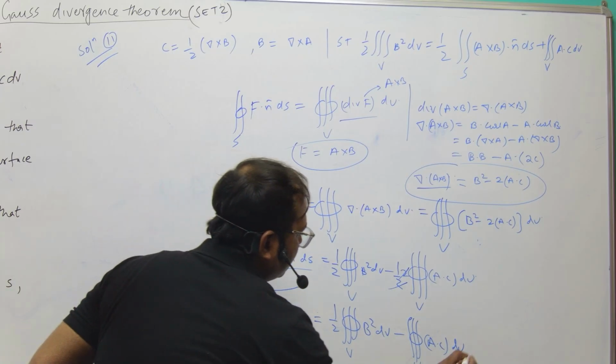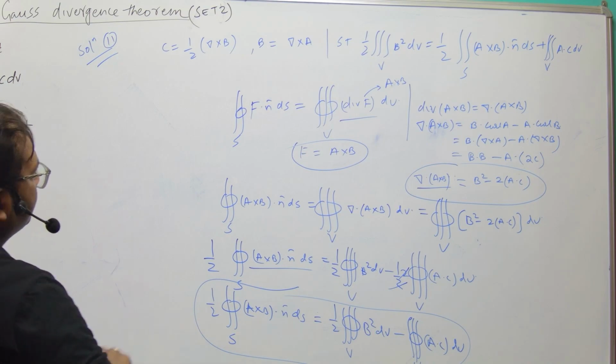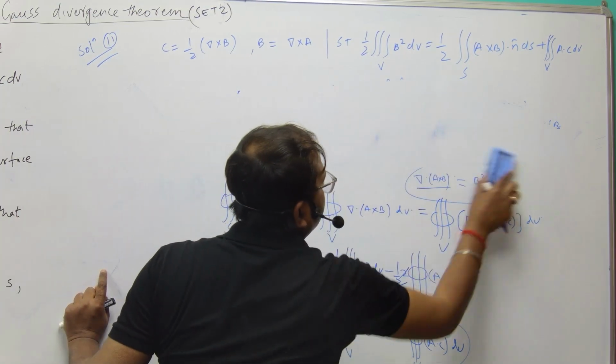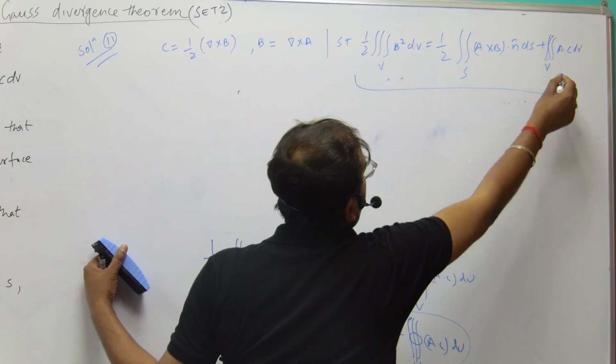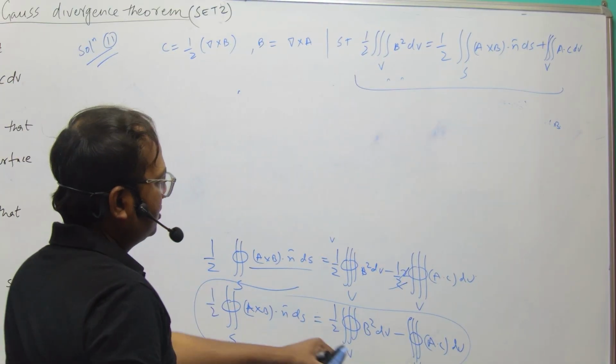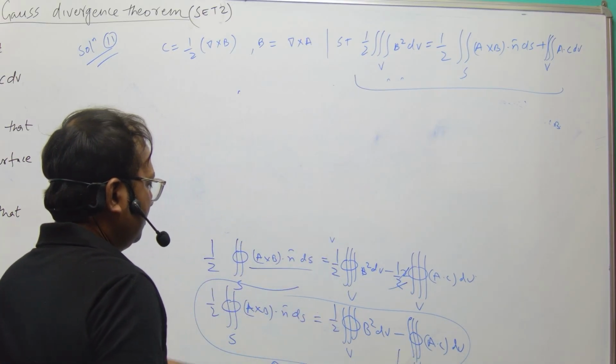Let us further simplify this for getting the desired result. In the question we have to prove this particular expression. So let us take this particular term on the LHS side.